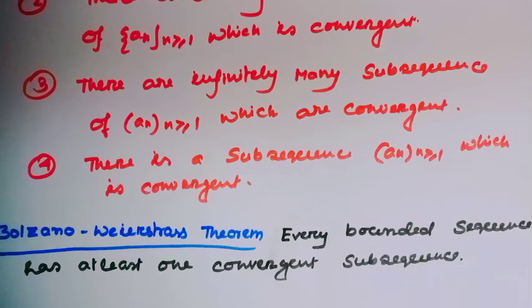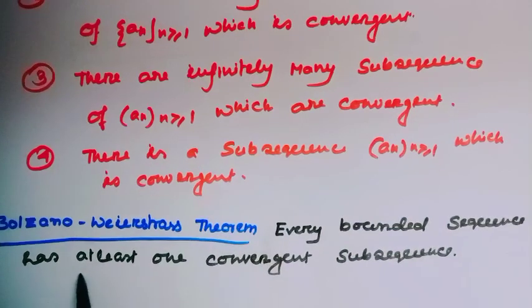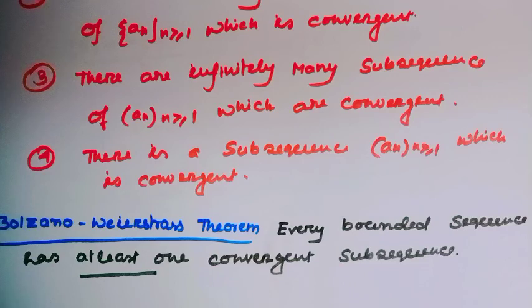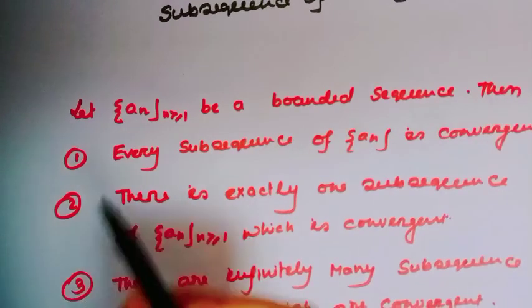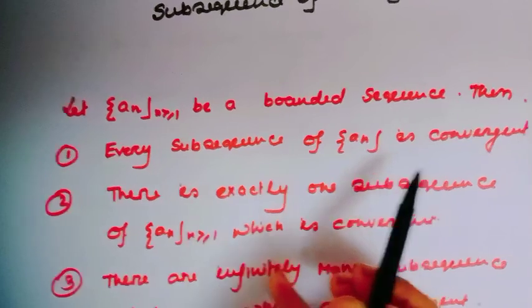I have discussed it in my previous video, and I recommend you please see that video first. The Bolzano-Weierstrass theorem says every bounded sequence has at least one convergent subsequence. That means option 1 is a wrong option, because option 1 says every subsequence of an is convergent. This is wrong.